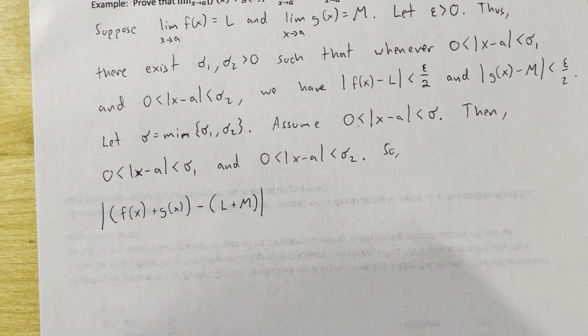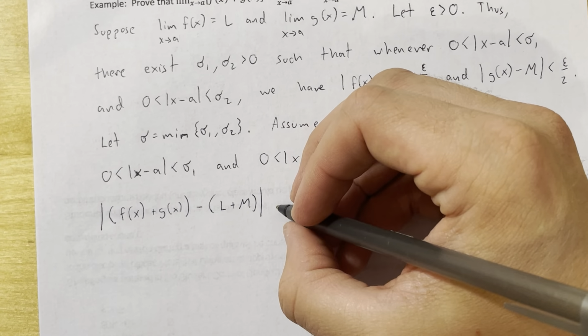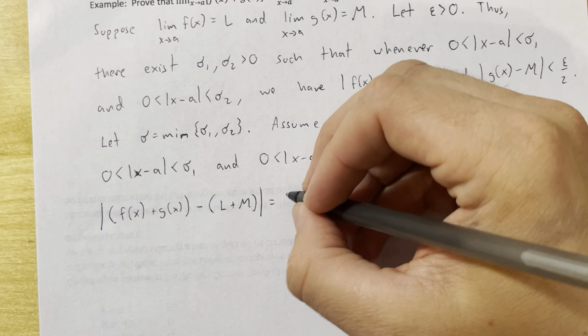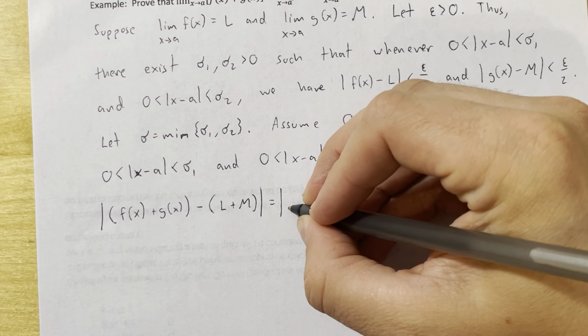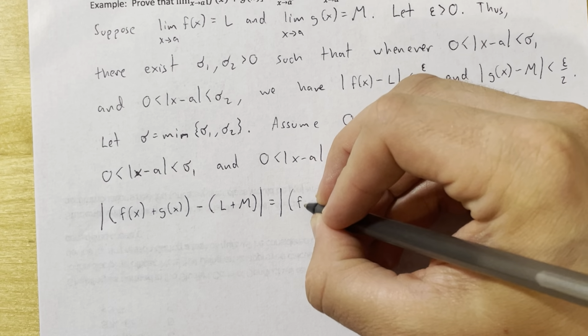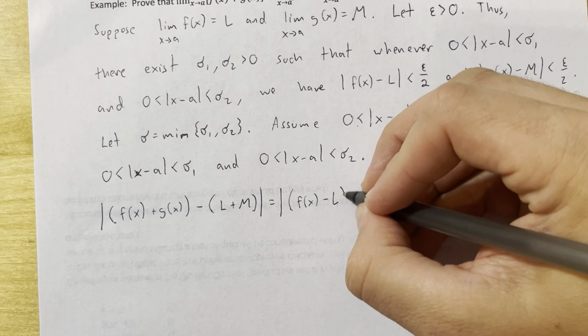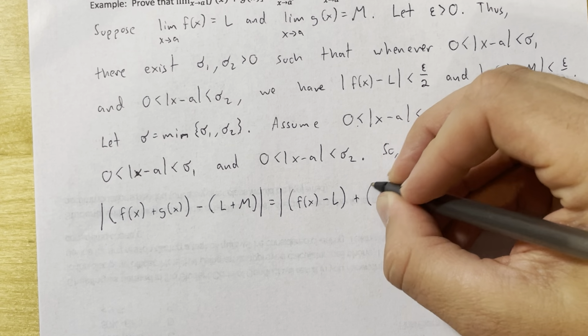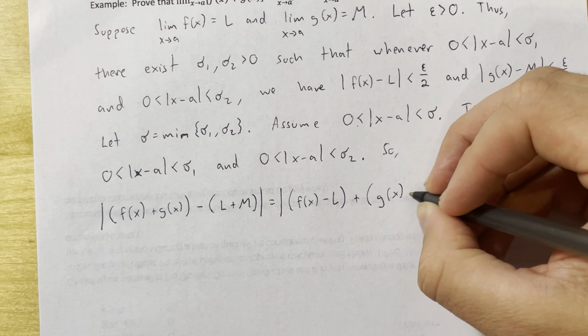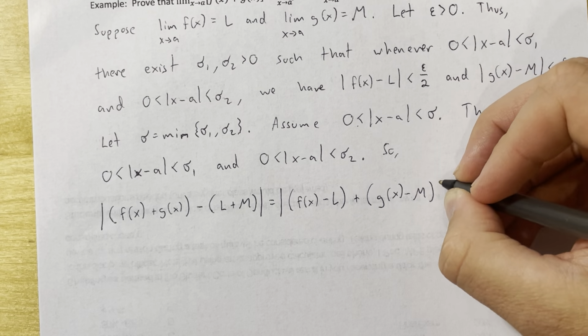Now I'm going to rearrange some terms. This is equal to the absolute value of f of x minus L, distributing the minus in and rearranging, plus g of x minus m.